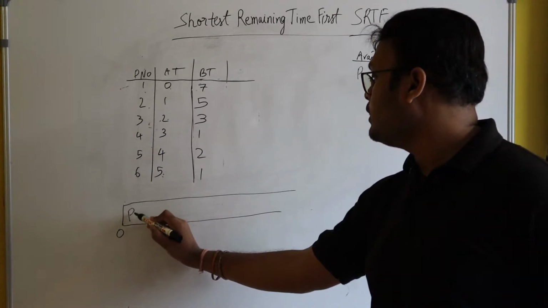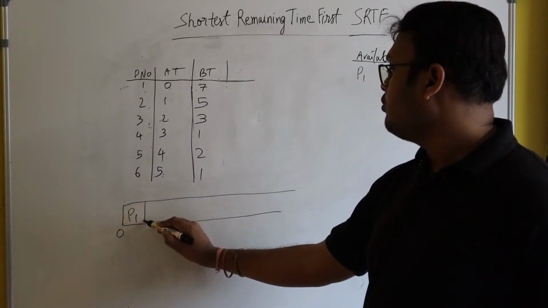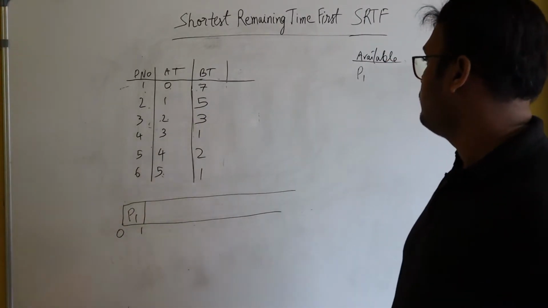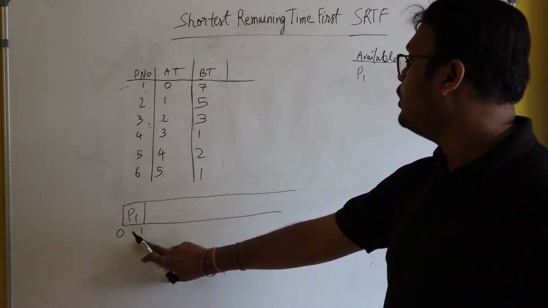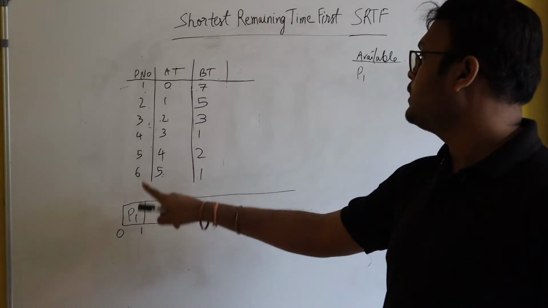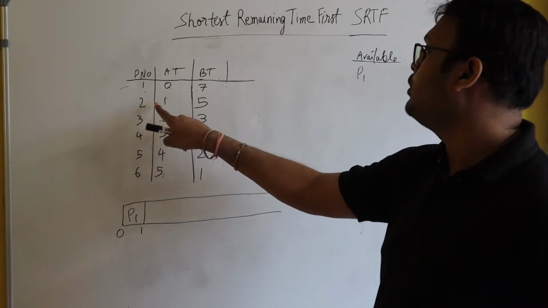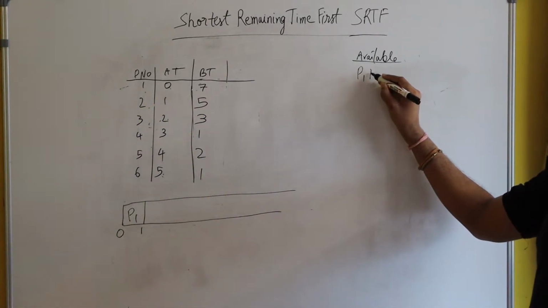So P1 is here. After running for 1 second, P2 came. From 0 till t equal to 1 second, how many processes are available? P1 and P2, because P2 came at t equal to 1 second. So here I will write P2 also.